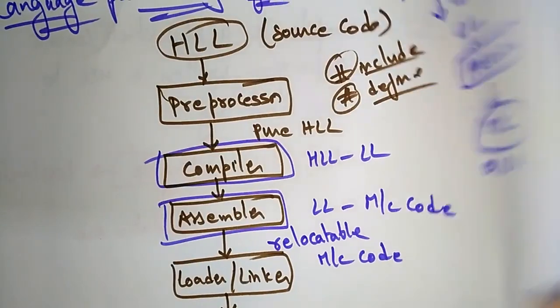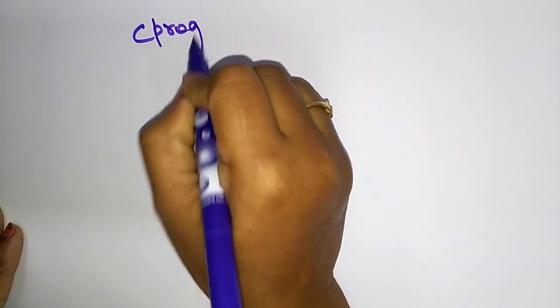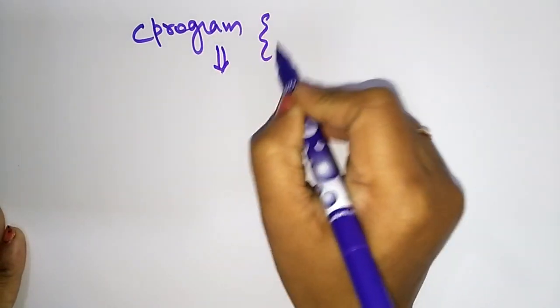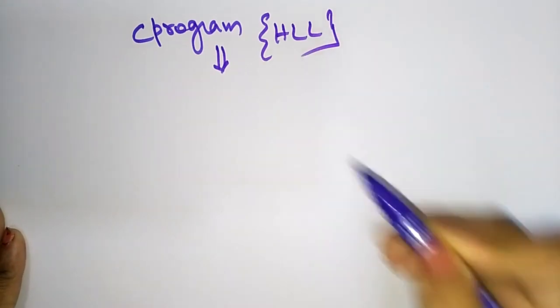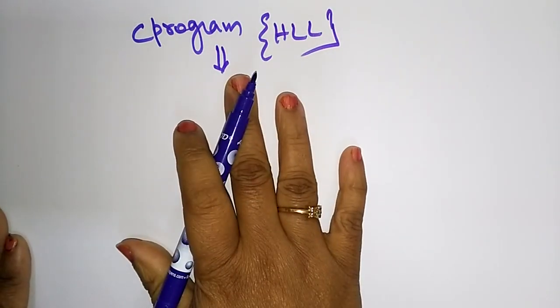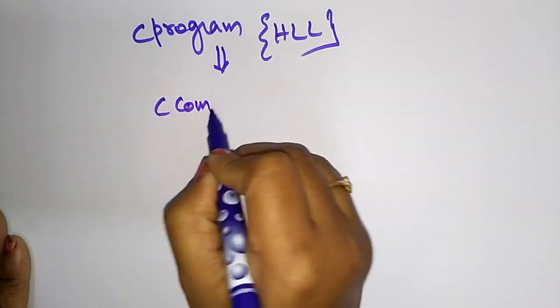Let me take a simple C program, then you will understand what exactly the language processor will do. Suppose you have written a C program in the high level language. First, this program will be compiled by the C compiler.